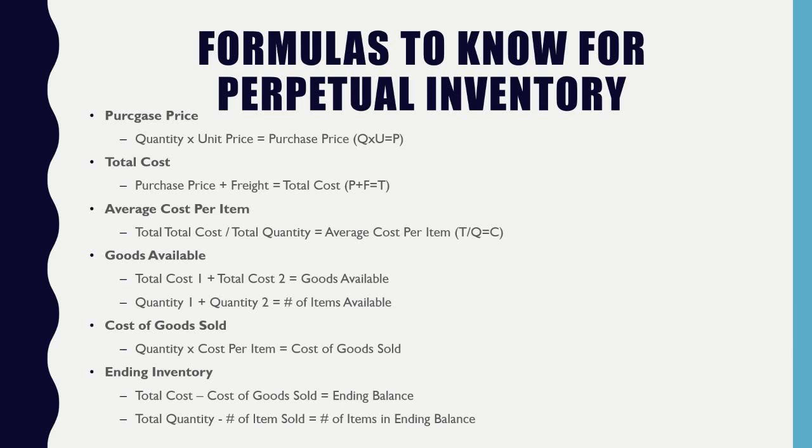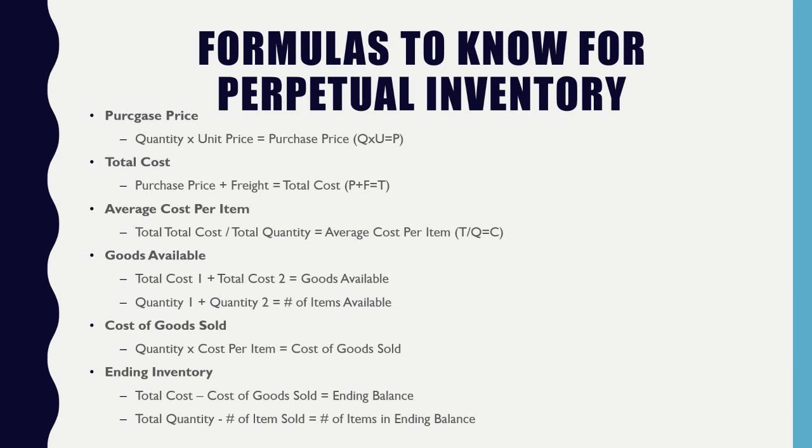In this case, the formula is all the same except for one component, and that's to calculate the average cost per item. Since we have so many batches of inventory, we're going to be constantly calculating the average cost per item, because not only are we dealing with purchases, we have to deal with the things that we sell as well.